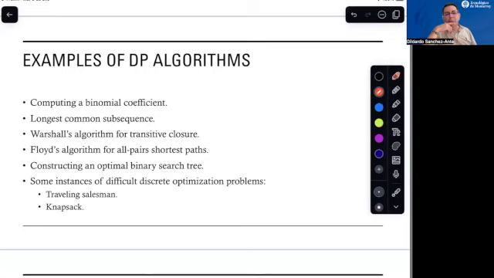Okay, so what other types of problems we may solve by using dynamic programming? Well, there are a lot of problems that can be solved this way.